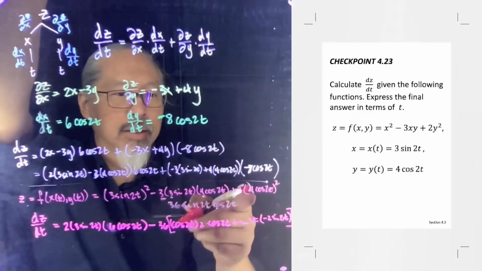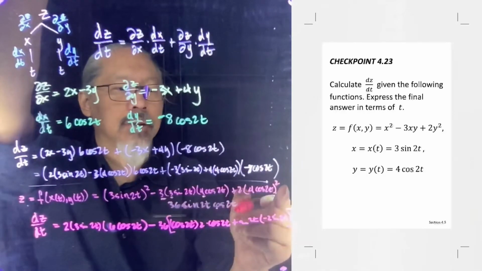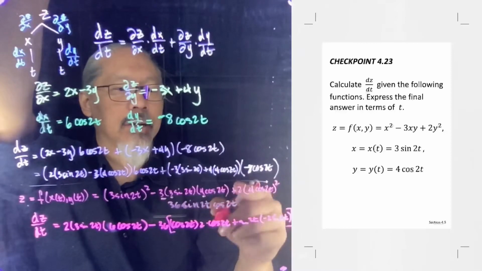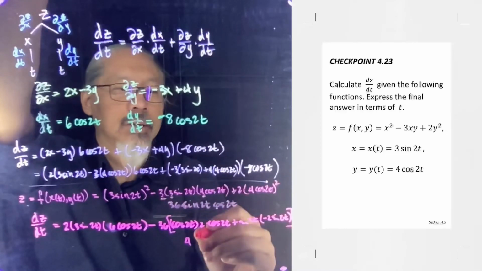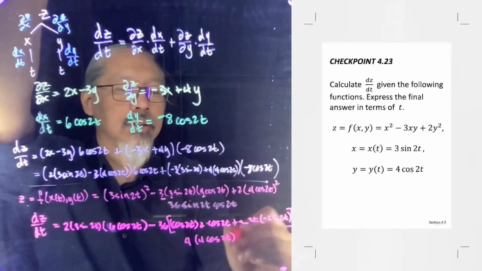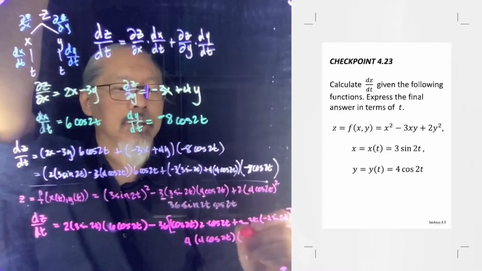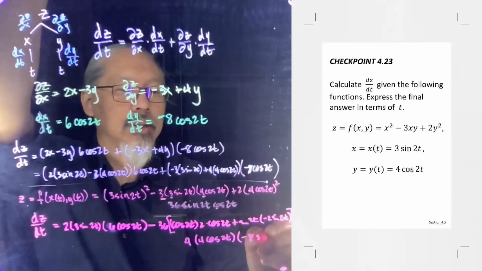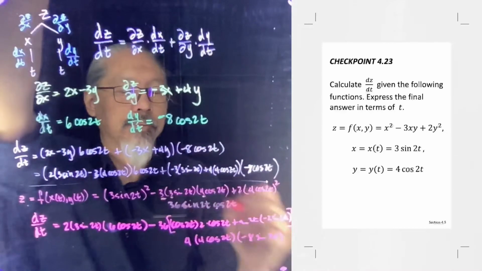And then the last term, there's a 2, and you bring that 2 down, so you get a 4 times 4 cosine 2t to the first power times the derivative of the inside, which is negative 8 sine 2t.